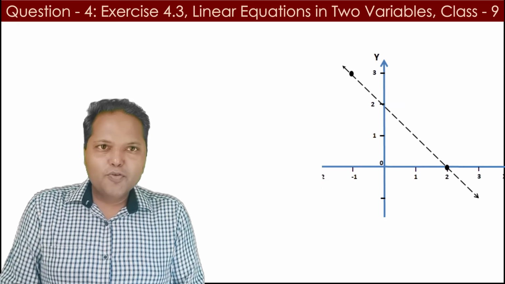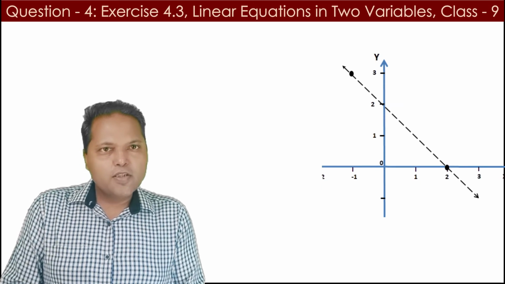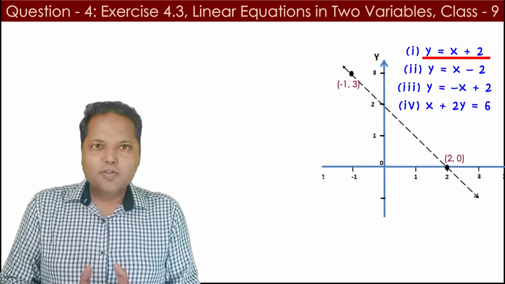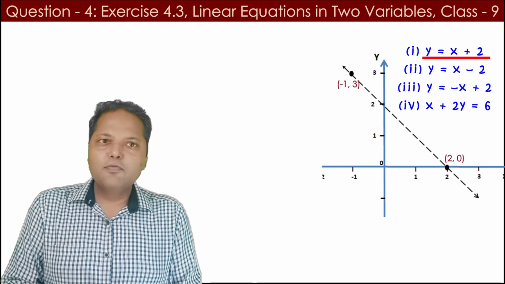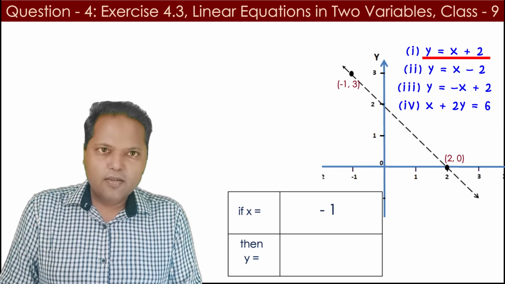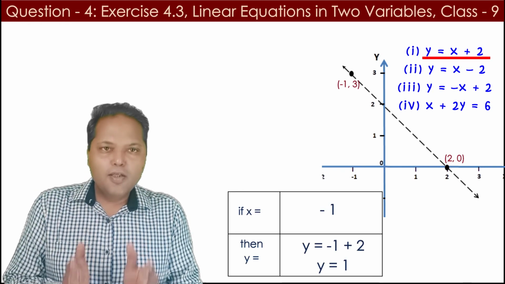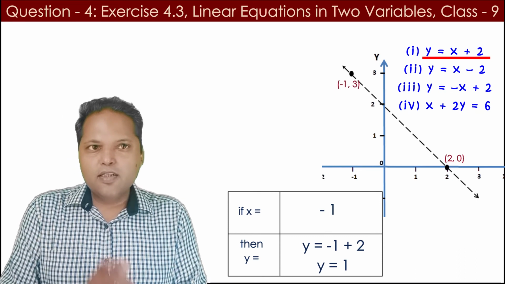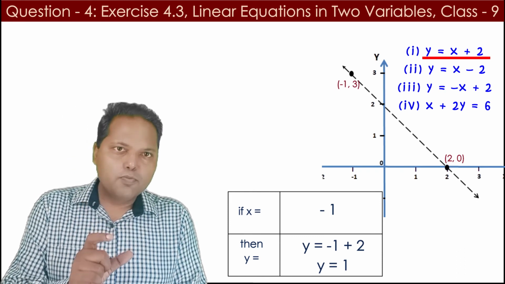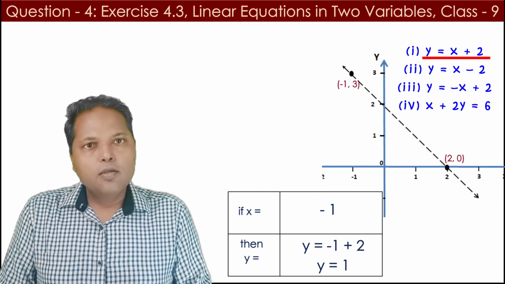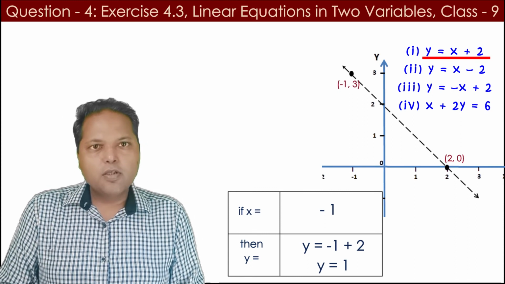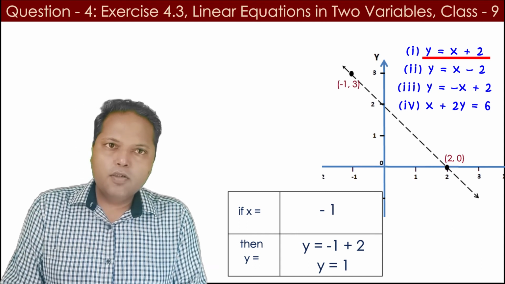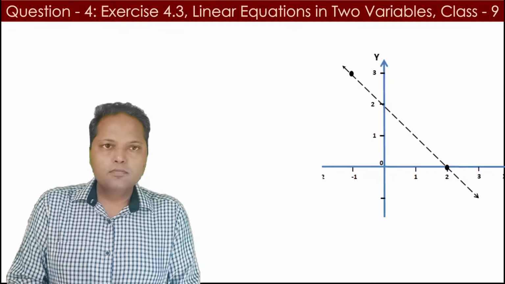Alright, so we move on to the figure number 2, and the first equation is y is equal to x plus 2. We will simply put the value of x into it and we'll figure out the value of y, which is not coming equal to the y coordinate value, and hence we can say that the coordinates of this point are not satisfying the first equation, and hence this equation is not the linear form of the graph which is given here.